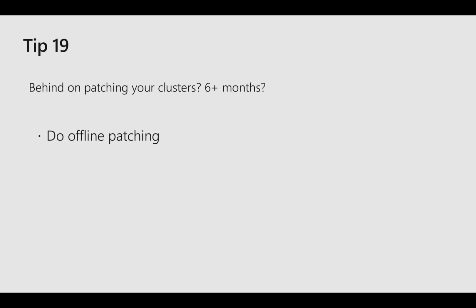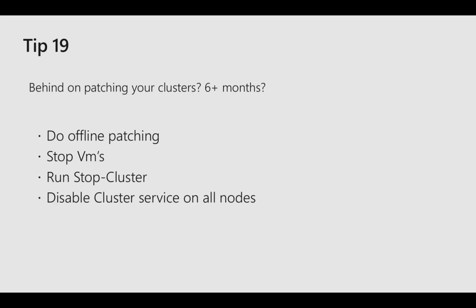So we do recommend, if you're 6 months or more behind, shut down your cluster. Stop your virtual machines, run stop cluster, disable the cluster service on all the nodes, and then do your patching, and then revert when you're starting up again.